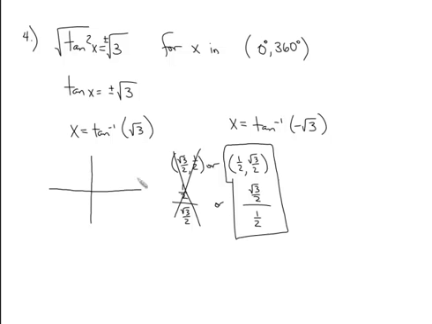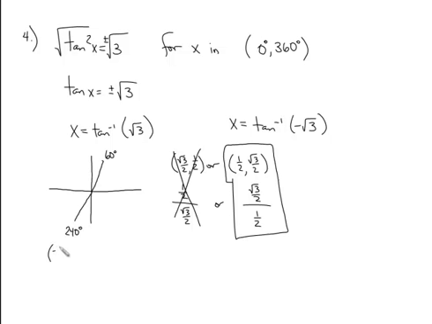So the question is, what angle has an x coordinate of 1/2 and a y coordinate of rad 3 over 2? And the answer is, up here at 60 degrees, we have those values. Now, there's nowhere else on the circle where x is 1/2 and y is rad 3 over 2. But there's another quadrant where tangent is positive, and that is down here in quadrant 3, which would be 240 degrees.